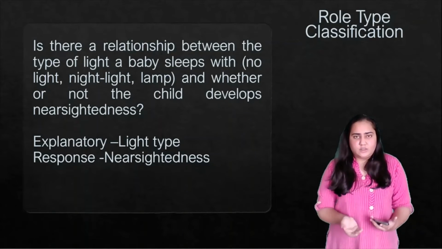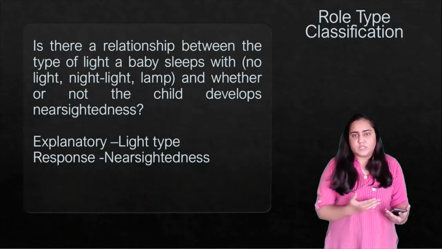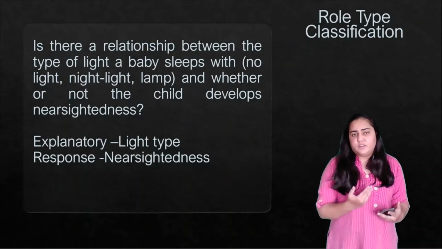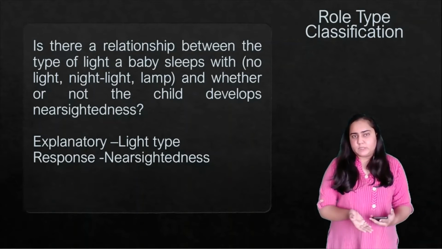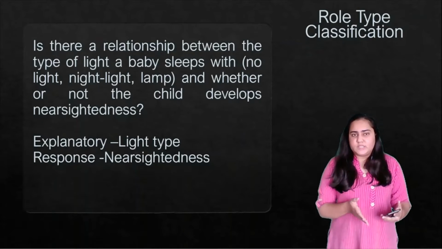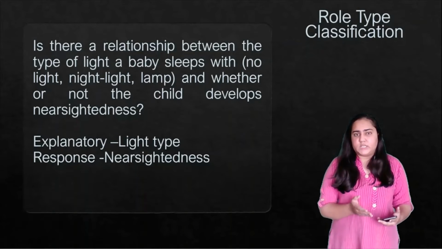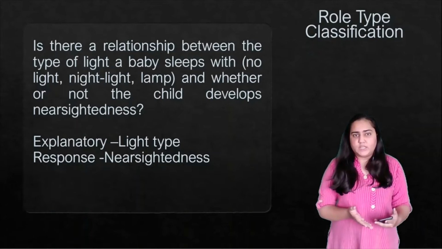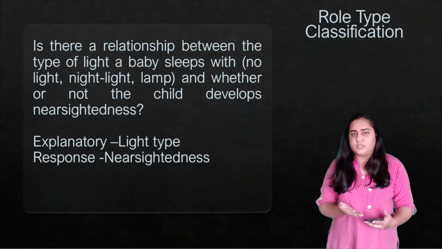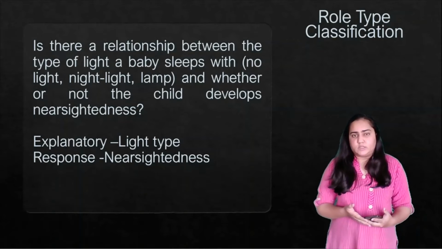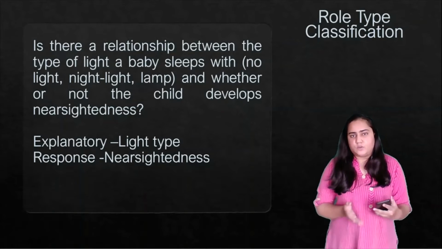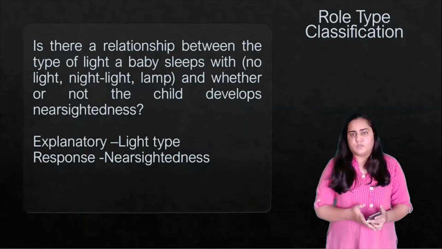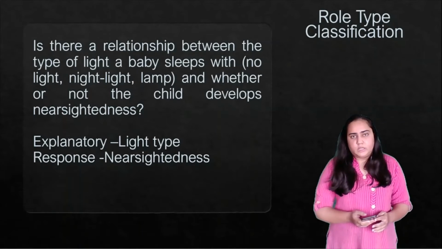And we have to predict that based on the data given about what kind of light the child sleeps in. So once again, the explanatory variable is light type, the type of the light, and the response variable is whether or not the child develops nearsightedness. So nearsightedness, yes or no question, is your response variable.